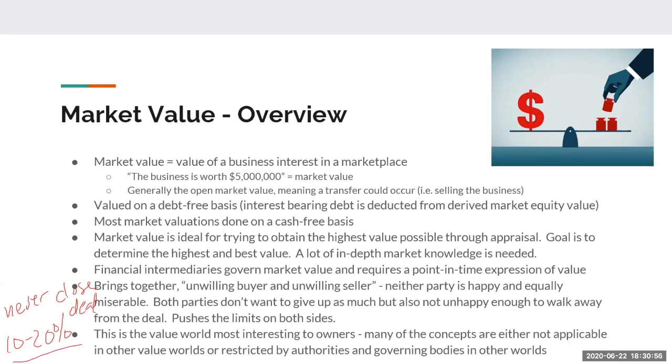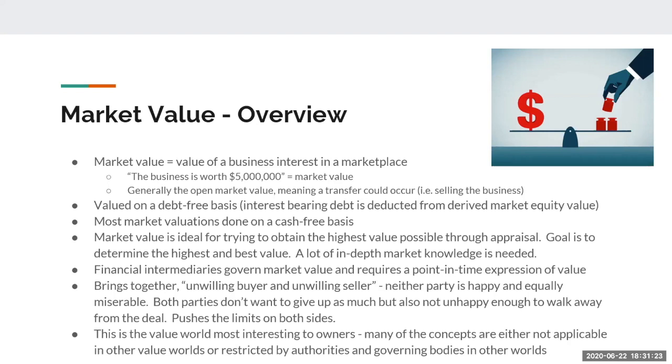But basically they push both sides to the absolute limit, where if they go any higher or lower on price, one side is going to walk away. In this case, we're finding an equilibrium value where they're not wanting to give up as much, but they're not unhappy enough to walk away from the deal entirely.